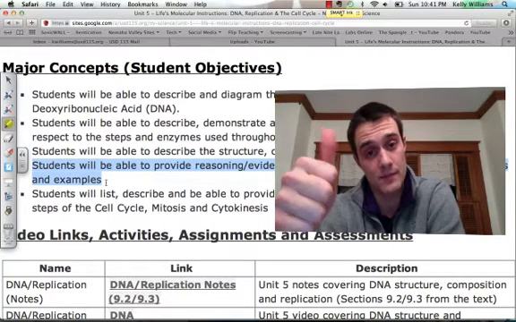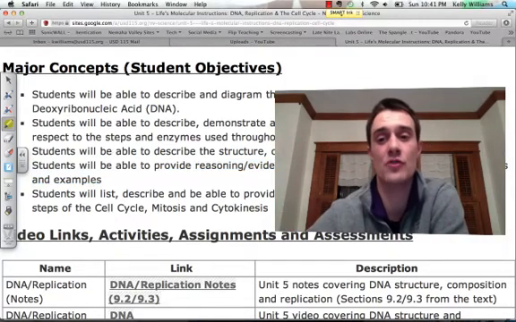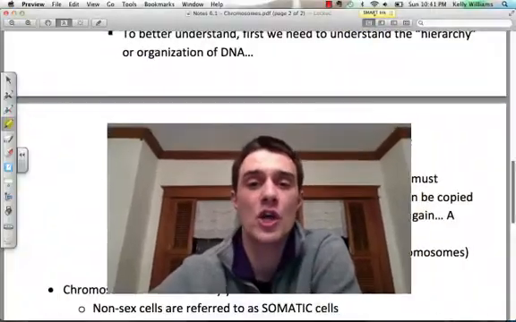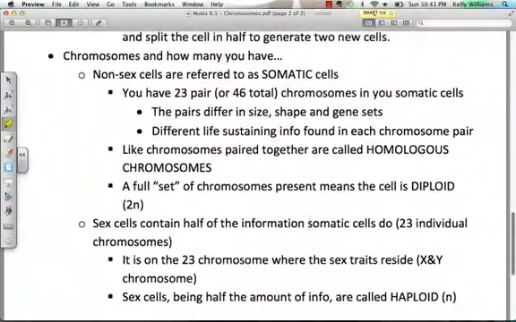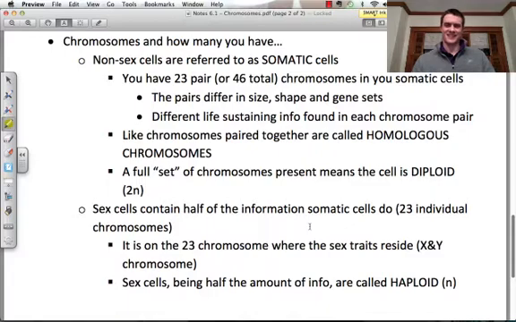If you're done, let's move on to our third major objective here, which is describing the structure, composition, and location of chromosomes. Well, not two major types of chromosomes, two major types of cells present inside of a eukaryotic organism. Somatic cells and sex cells.